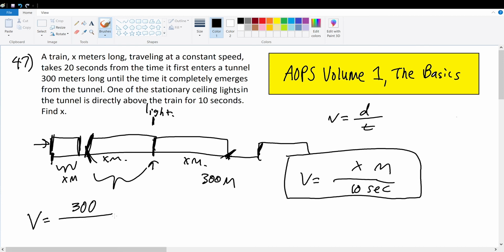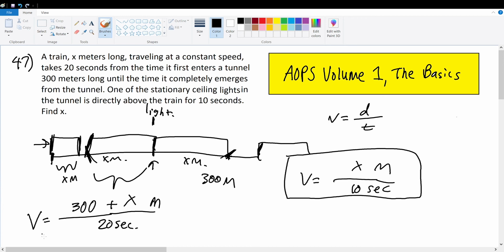So instead of traveling 300 meters, it must travel 300 meters plus x meters, since the tail still hasn't exited the tunnel yet. The entire train takes 300 plus x meters, not 300 meters, to travel the entire length. And I'm going to repeat this, and that is because the tail hasn't exited the tunnel yet by the time the head has. So we have to add x to 300 divided by the time, which is 20 seconds.